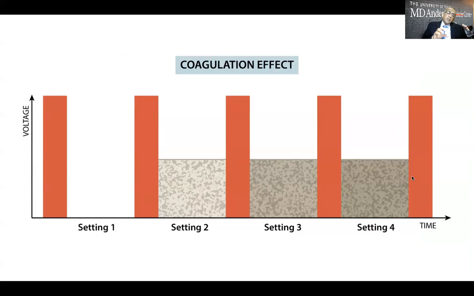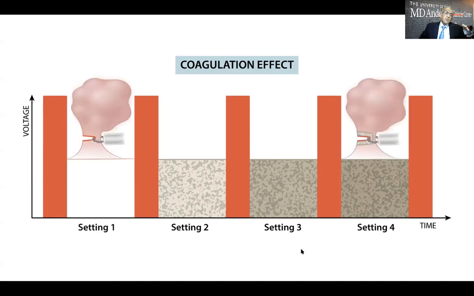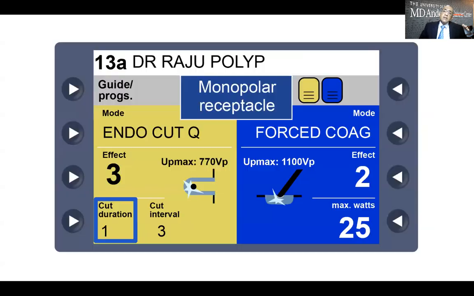So by putting an effect 3 in between your cuts, the red bars being the cuts, you have some coagulation happening. Effect 1, you have no coagulation. Effect 4, you have a lot more coagulation. In between, you have a little bit less.